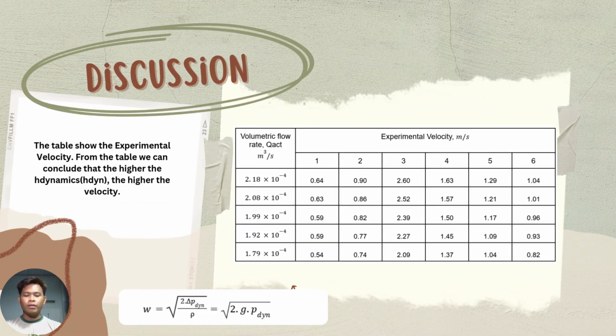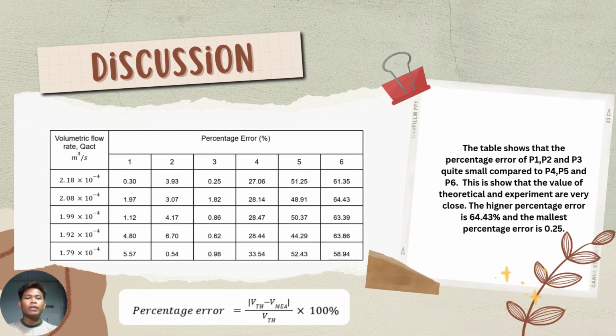After that, we need to find the experimental velocity. So we need to use the formula, which is W equal to square root 2G h dynamic. So from the equation, we know that the higher the h dynamic, the higher the velocity. So after we get the theoretical and the experimental velocity, we can find the percentage error for this experiment.